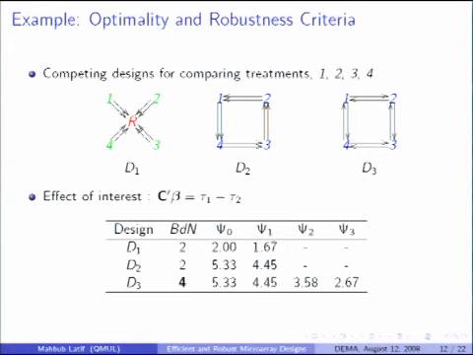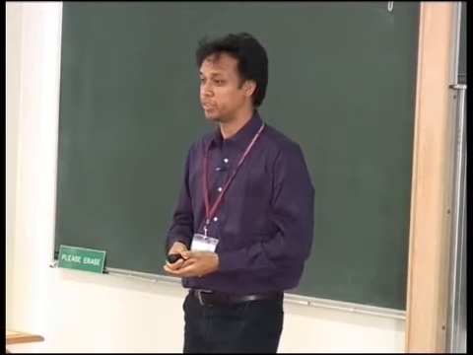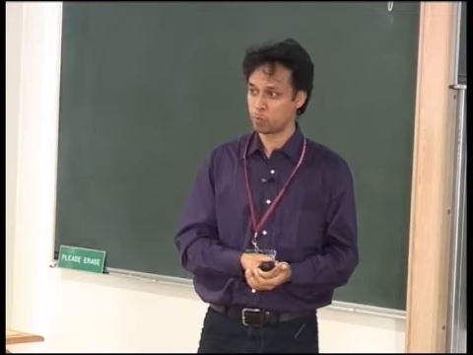So we can say that using D3 in the experiment is better than using D2 because D3 is more robust. So robustness is an extra characteristic which one can use to select a design when you have several designs which are equally efficient.